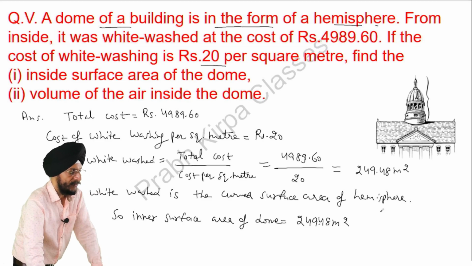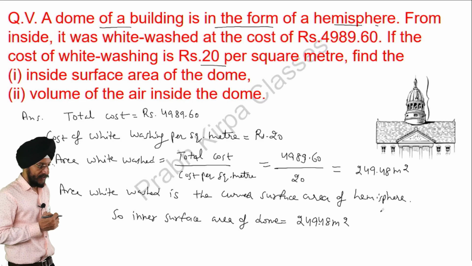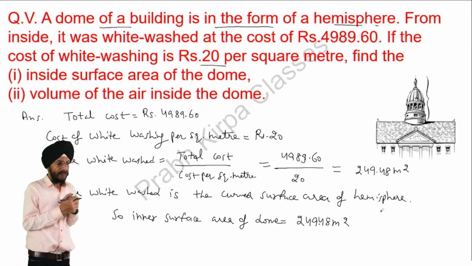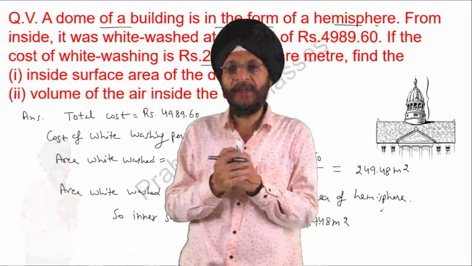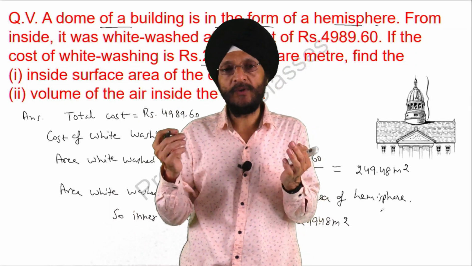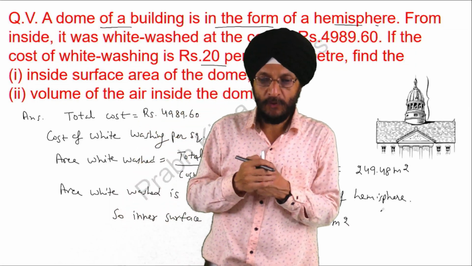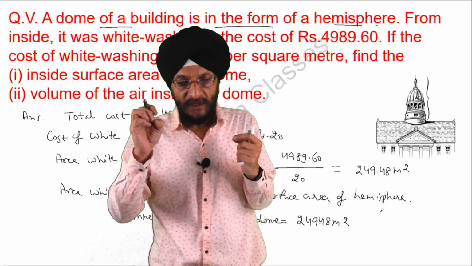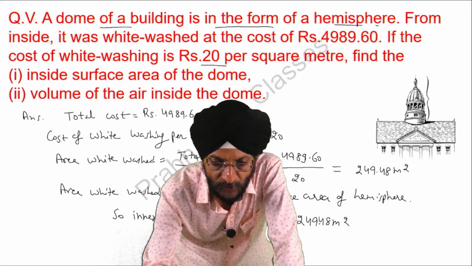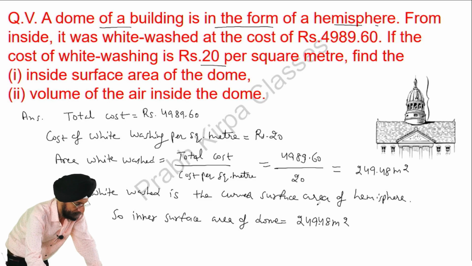So now the next is we have to calculate volume of the air inside the dome. Now the volume of the air which will be inside the dome will be equal to the volume of the dome, and the formula for the same is 2 over 3 pi r cube. So we will have to calculate radius. So now what we have calculated so far is the curved surface area.